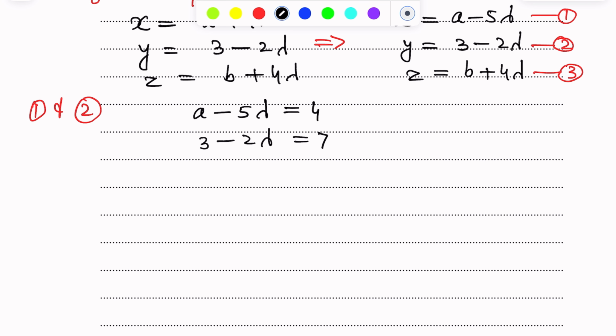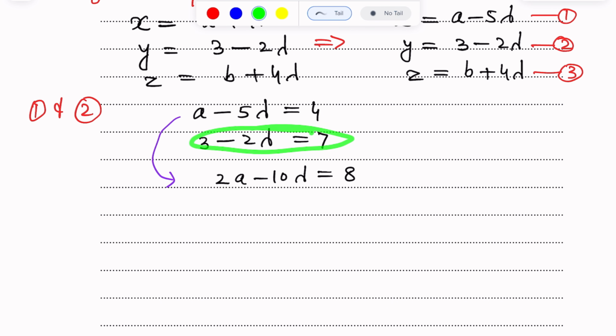Now we can eliminate this lambda by multiplying this equation by 2 and this equation by 5. When we multiply this equation by 2, it becomes 2a minus 10 lambda is equal to 8. We are multiplying each side of this equation by 2 and multiplying this equation by 5.